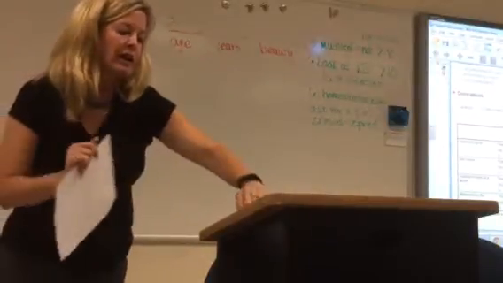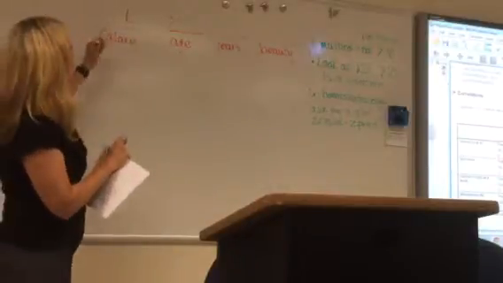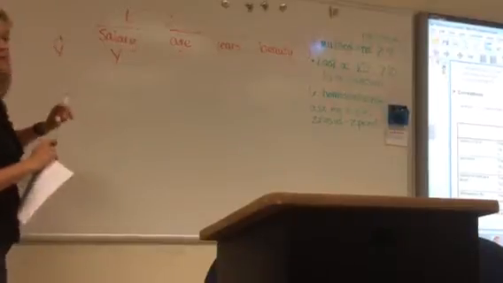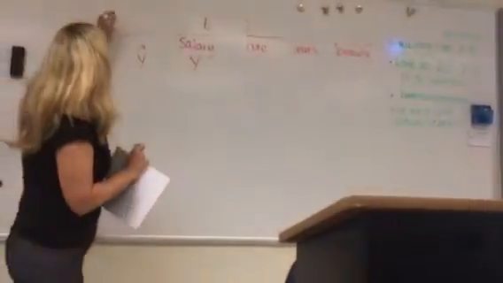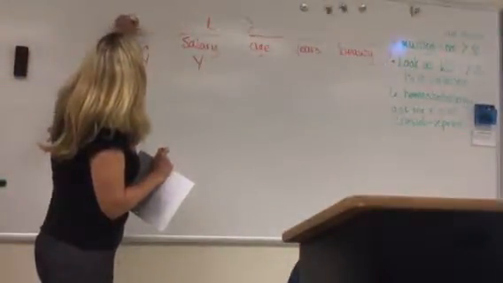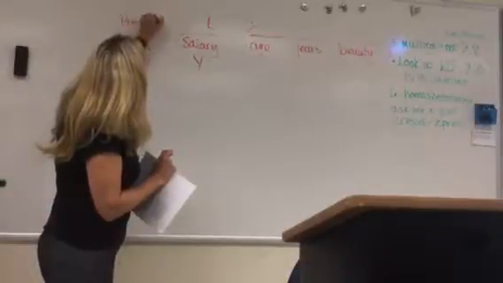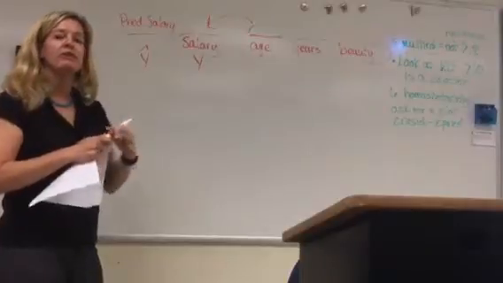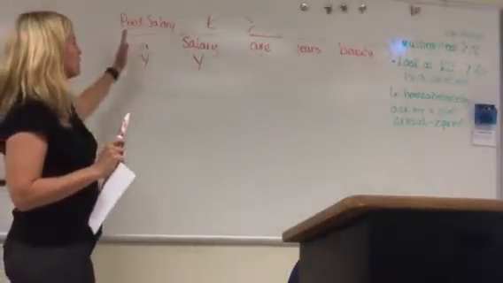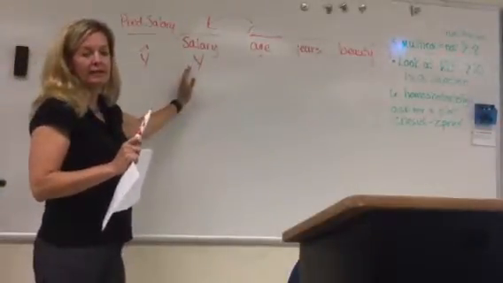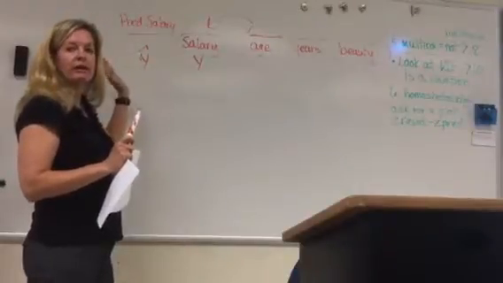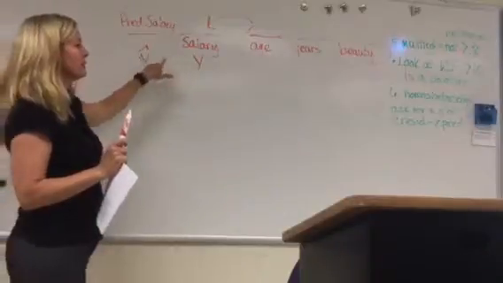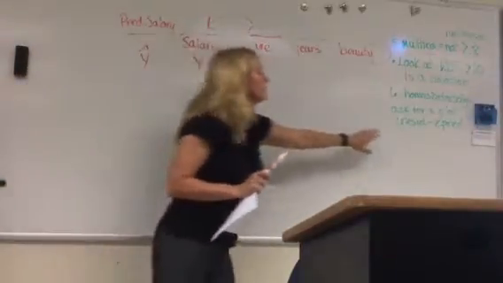If this is Y, your dependent variable, your predicted value is Y hat, the predicted salary. However far off we are from what we predict to reality, that's our error. So how good of a prediction do we have? It's going to be the difference. So the residual is here.